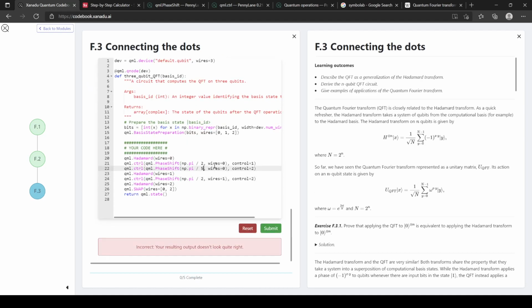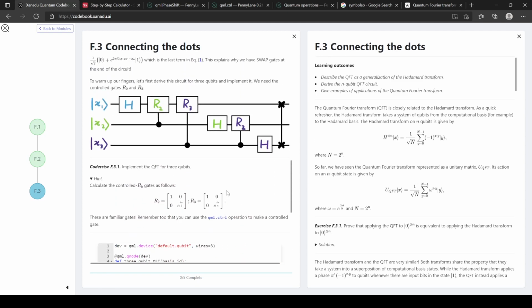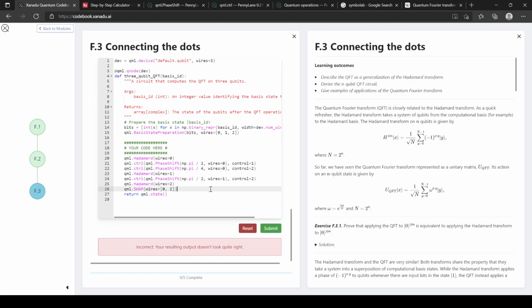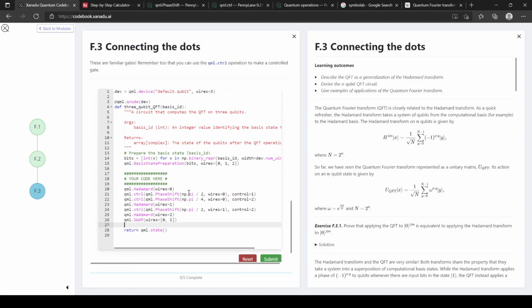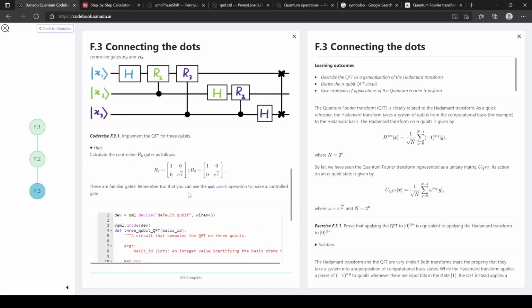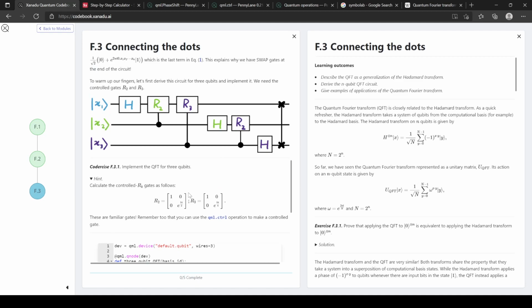Oh, there we go. Okay, now it seems to be right. What's going on here?